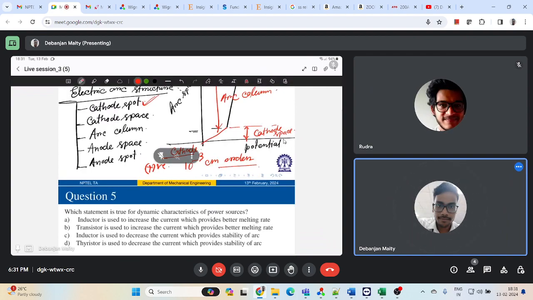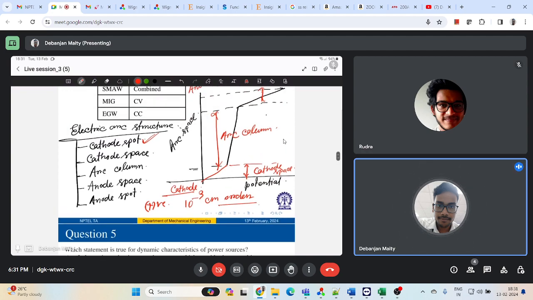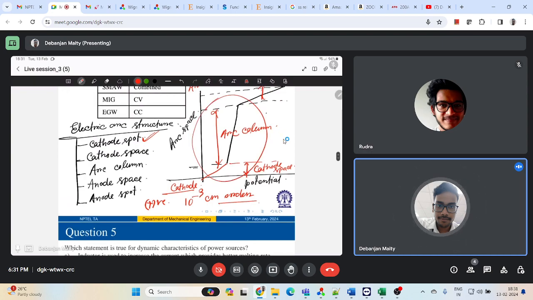Anyhow, and then comes the part of this arc column. So what you see in terms of arc, that is this part, this arc column part. This is the visible portion of the arc, which consists of plasma or hot ionized gas, where the voltage drop is not sharp.